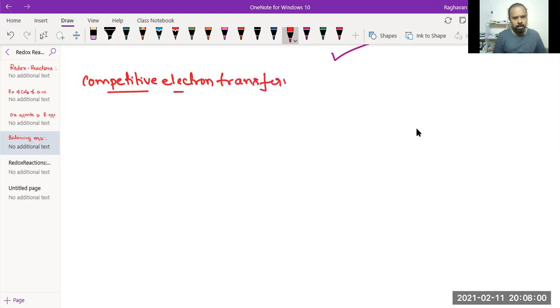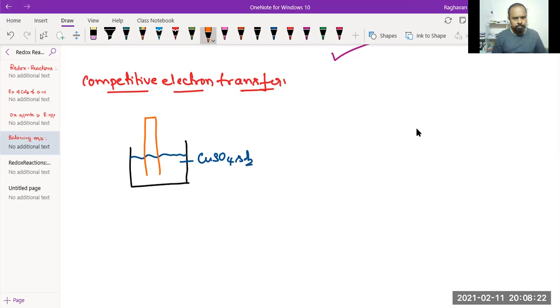When I say competitive electron transfer, you must tell me now. I'm going to give you one case here. There is a beaker in which we have taken copper sulfate solution. I'm going to dip a zinc rod into it.